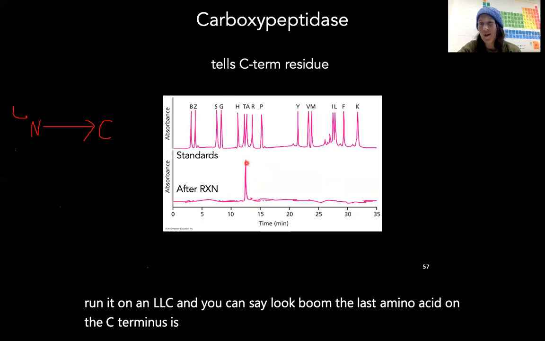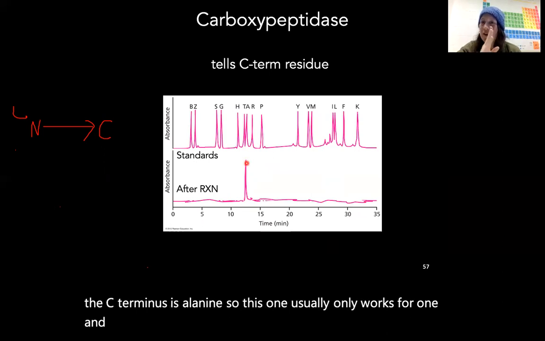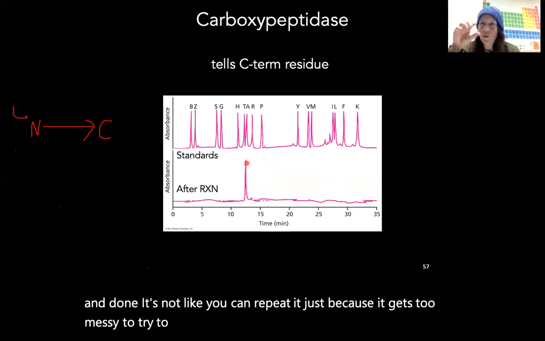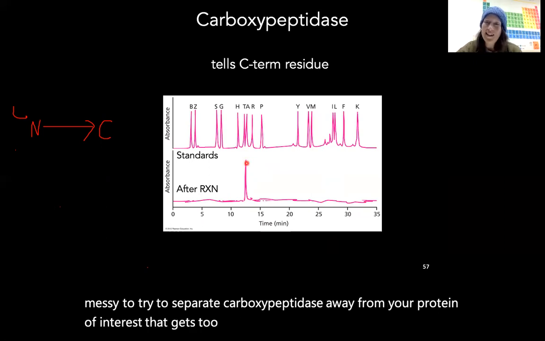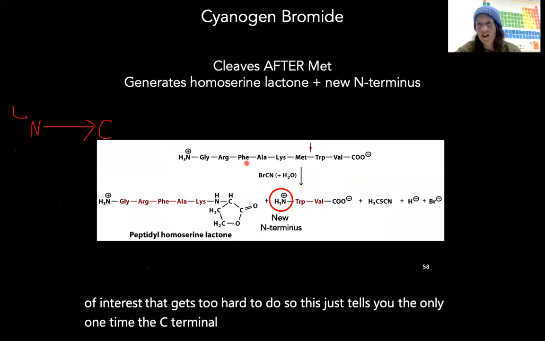This one usually only works for one and done. It's not like you can repeat it, just because it gets too messy to try to separate carboxypeptidase away from your protein of interest. That gets too hard to do. So this just tells you, one time only, the C-terminal residue on your polypeptide chain.